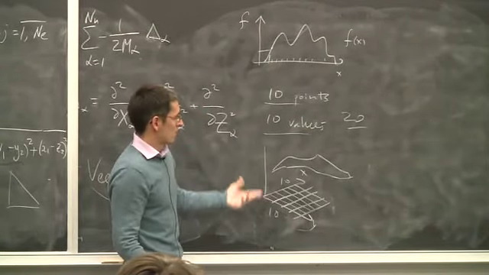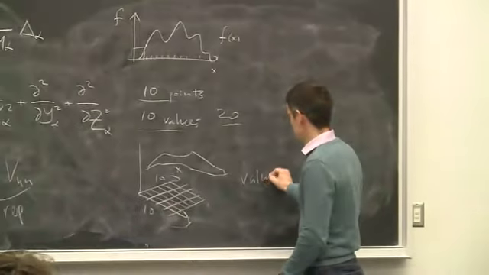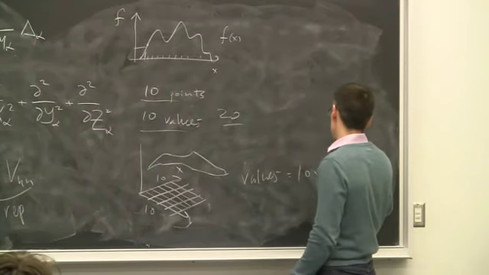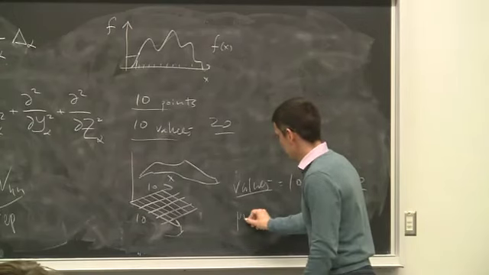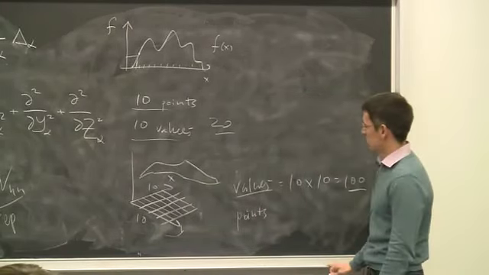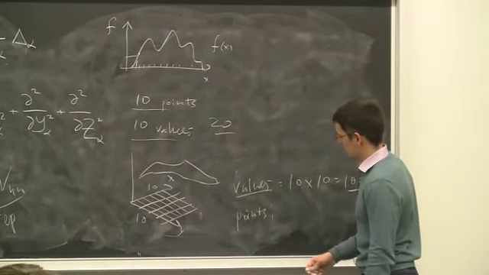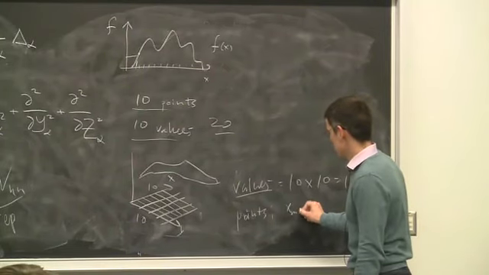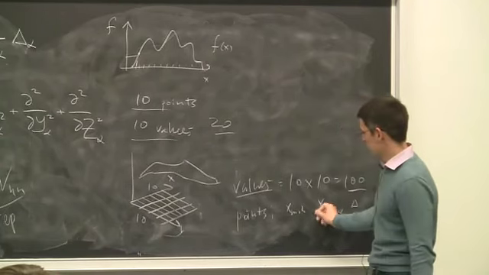Only now, in order to store all the values, you will have 10 times 10, 100 values. The number of points you maybe do not really need to store. That is really cheap because all you need is x min, x max, and the delta, presumably.